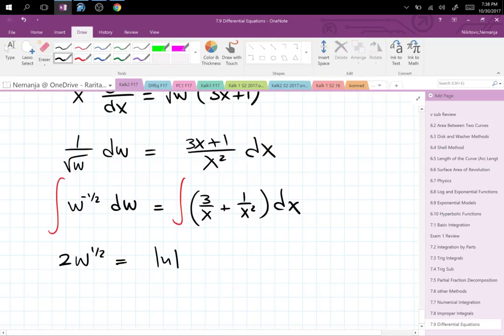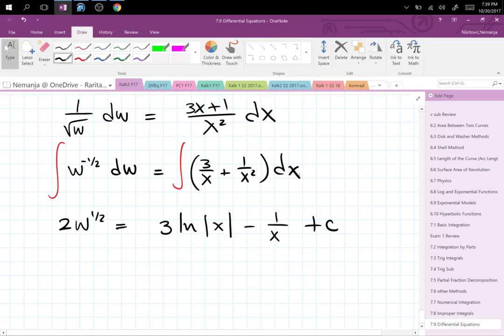This is going to be 3 ln of x minus 1 over x, and then plus c. This is x to the minus 2, so you do plus 1.